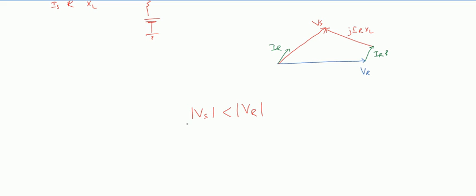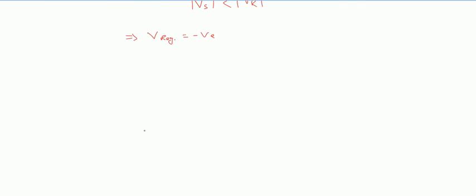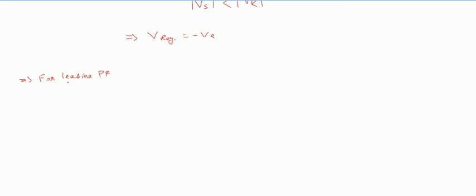So if it is less than Vr, voltage regulation can become negative. If it is equal, then voltage regulation can become zero also, right? And if it is greater, then voltage regulation can become positive. So here we can write that for leading power factor, the voltage regulation of the transmission line can be positive, can be zero, can be negative also sometimes.